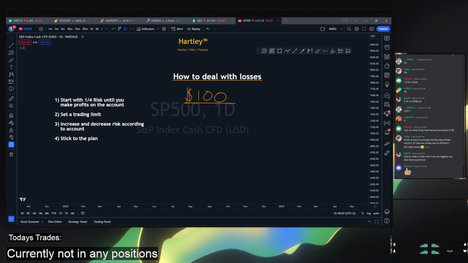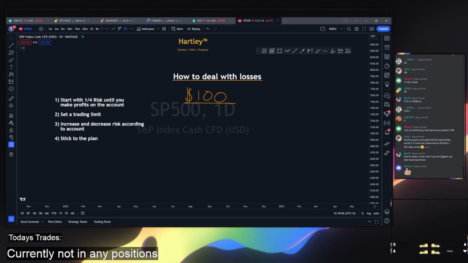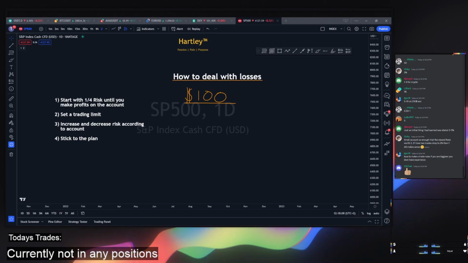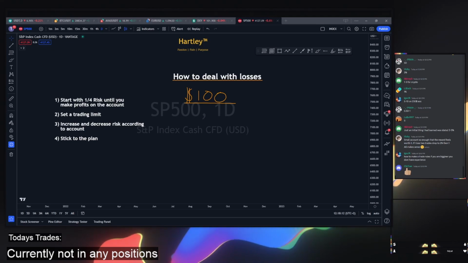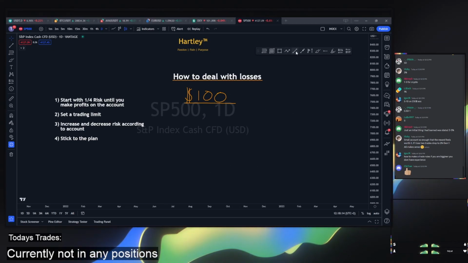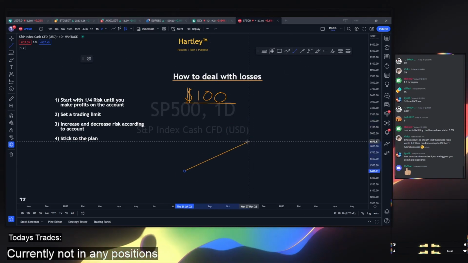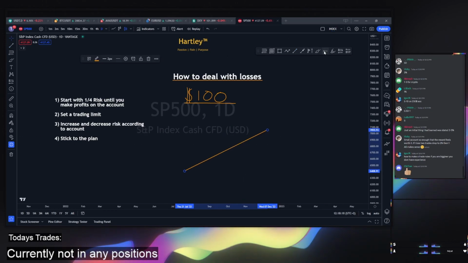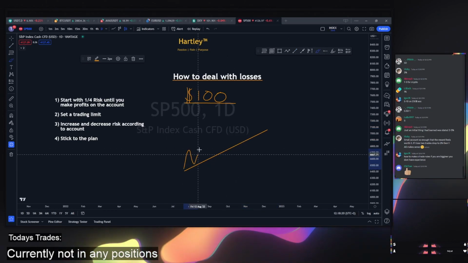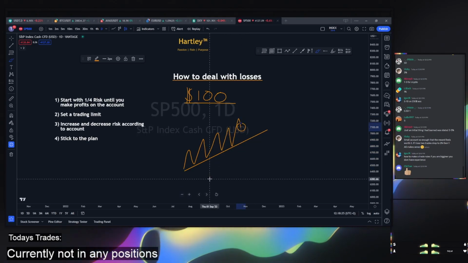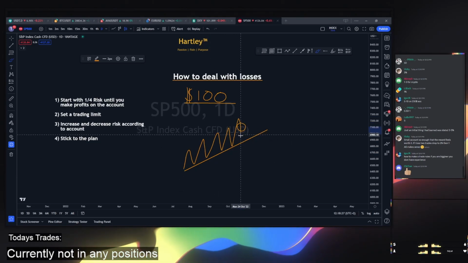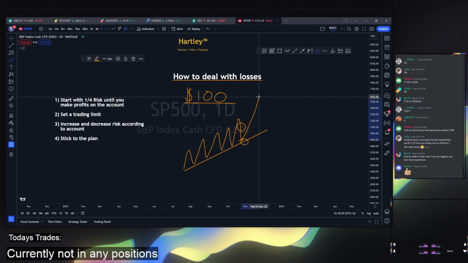If your trading plan is a 1 to 3 risk to reward plan, and you're trading trend lines, and all of a sudden you take a trade that is nowhere near a trend line, right? Let's say this is your trend line over here, and the market's sitting here, and all of a sudden the market's here, and you decide, I want to go short till the trend line and then long.